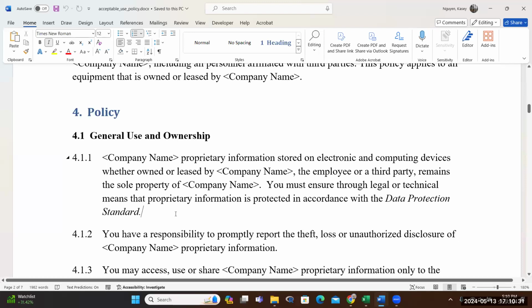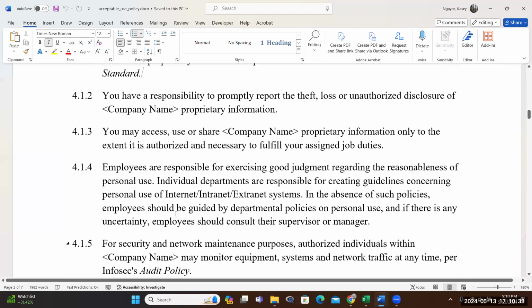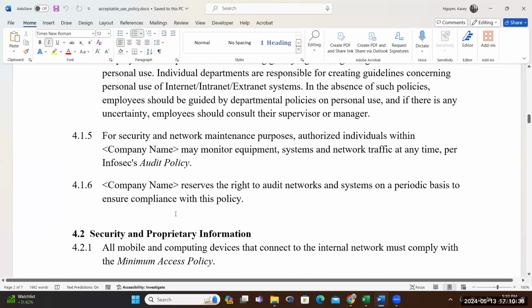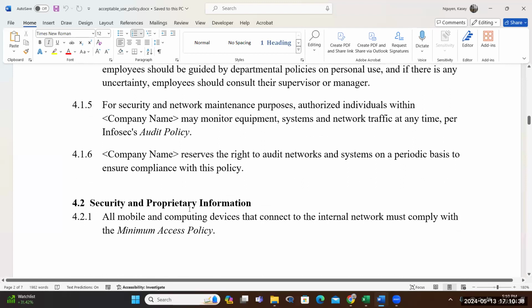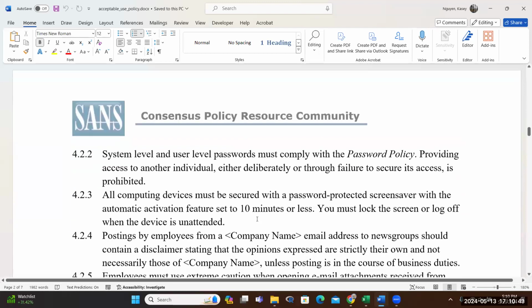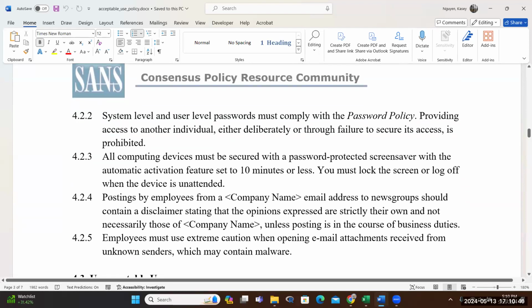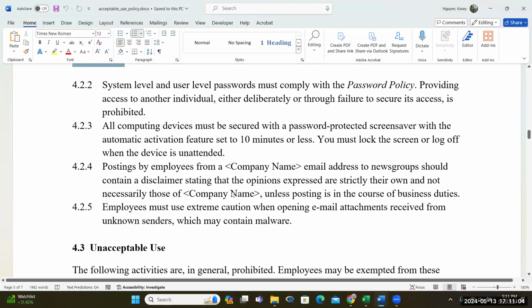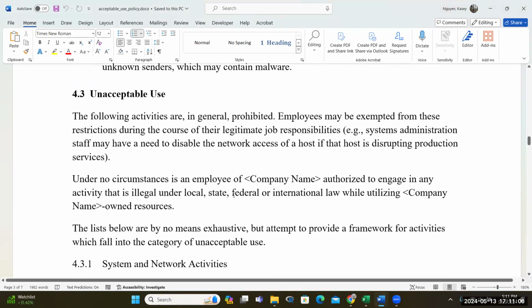So here they have a general ownership, some of the network information, then security and proprietary information, how they access the systems, what is allowed, especially when you deal with social media. Can people post sensitive things or not? And you have to state that in the policy. Companies are very sensitive about their products and things, so sometimes that is, you know, proprietary to the company, right? And then email attachments, what is not acceptable.